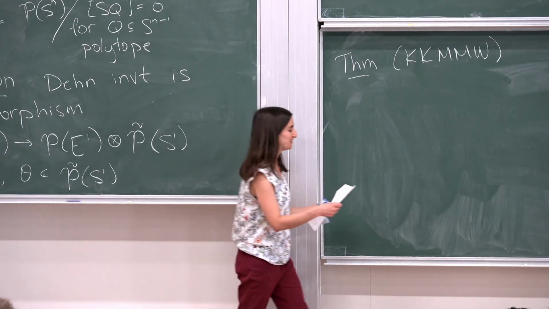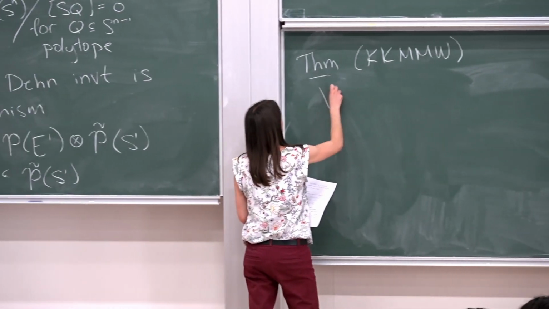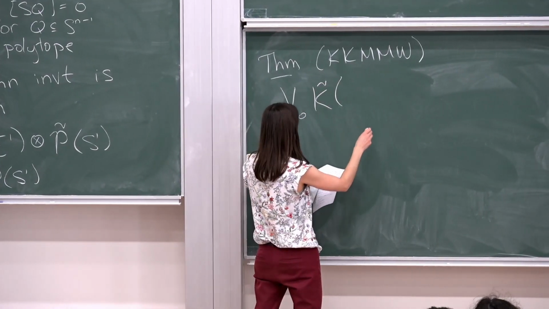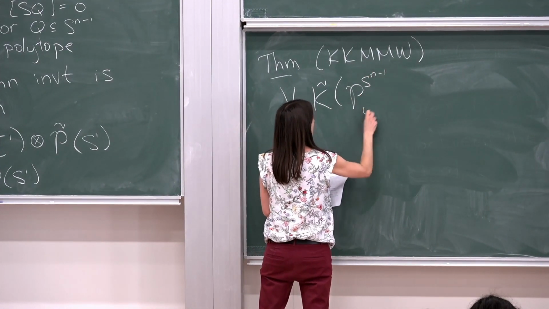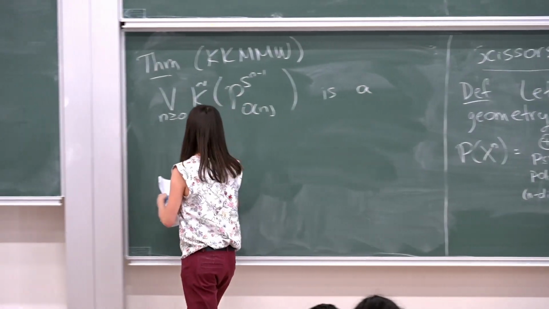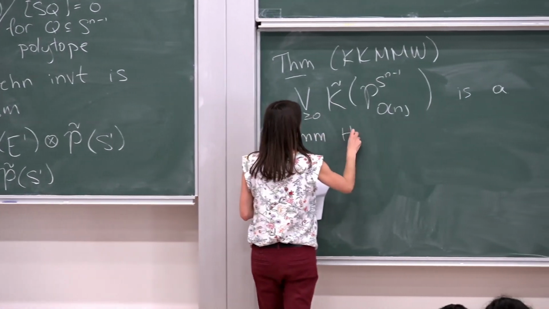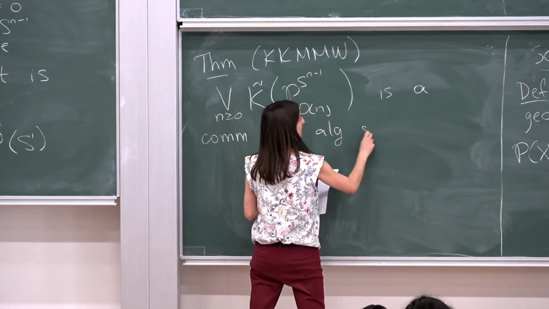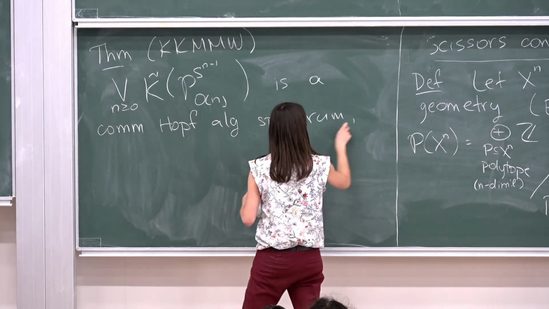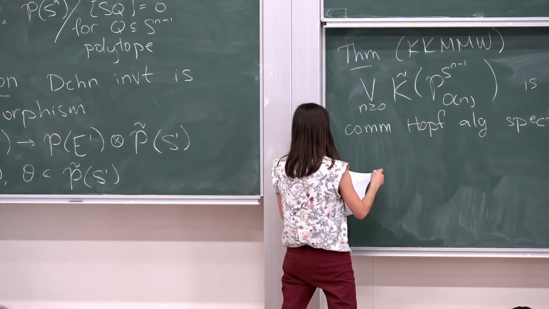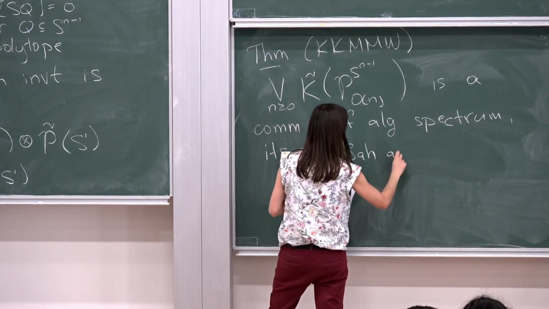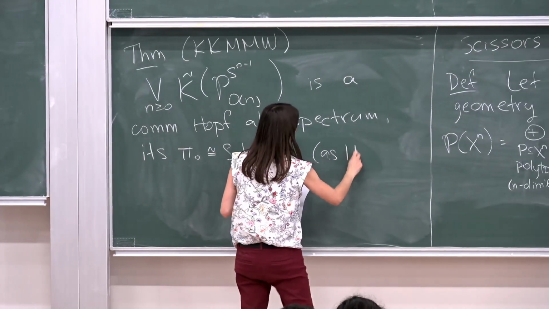The main theorem that we proved is that if you take the wedge of all of these reduced spherical scissors congruence K-theory spectra, this is a commutative Hopf algebra spectrum, and its pi 0 is isomorphic to the Sah algebra as Hopf algebras.